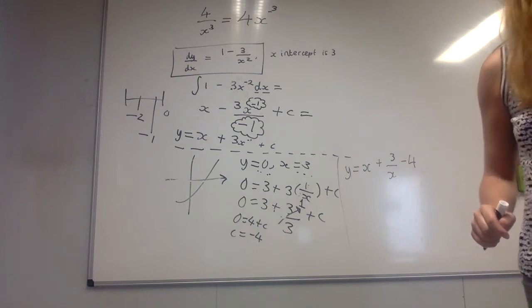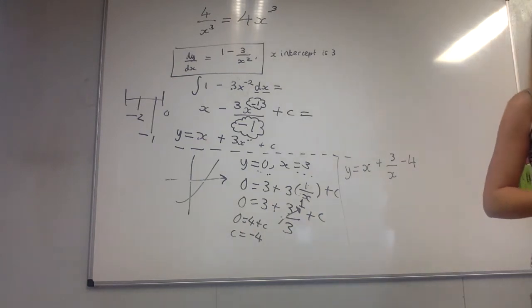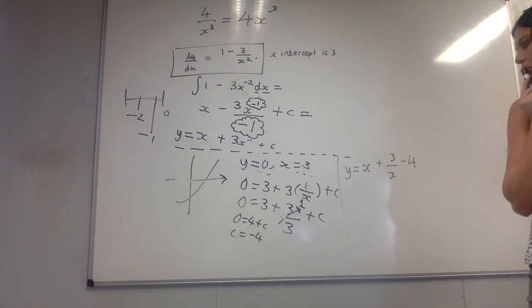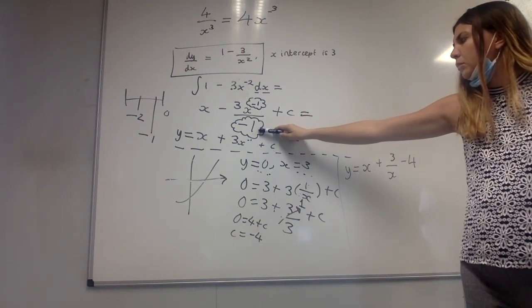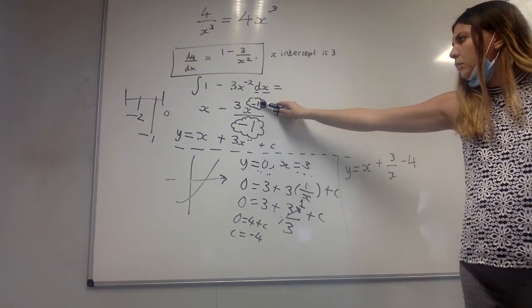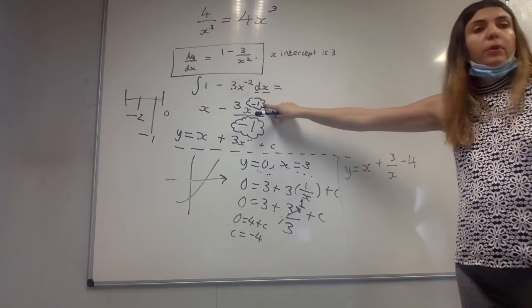Yes, Hugo. Why don't we leave the x to the power of -1, like the -1 on the denominator, and the other minus after x? No, like the other one. This one or this one?